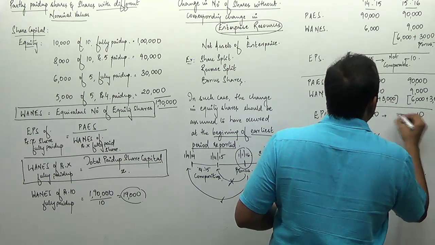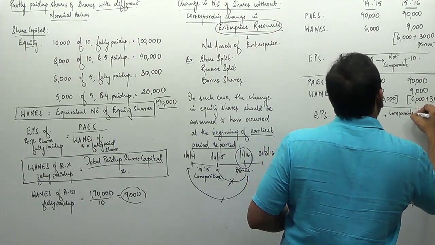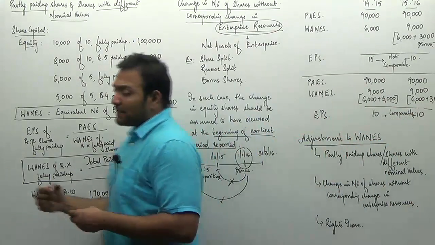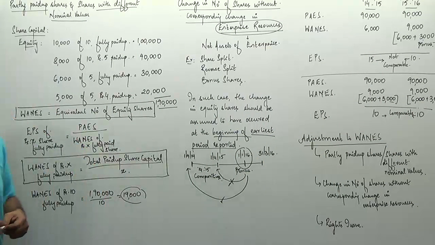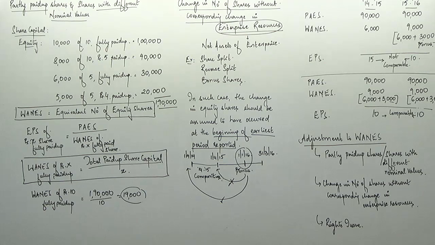Definitely I will say that these are comparable EPS. Take down that small calculation, guys. That is probably the reason behind the statement that a change in the number of equity shares is assumed to have occurred at the beginning of the earliest period reported.